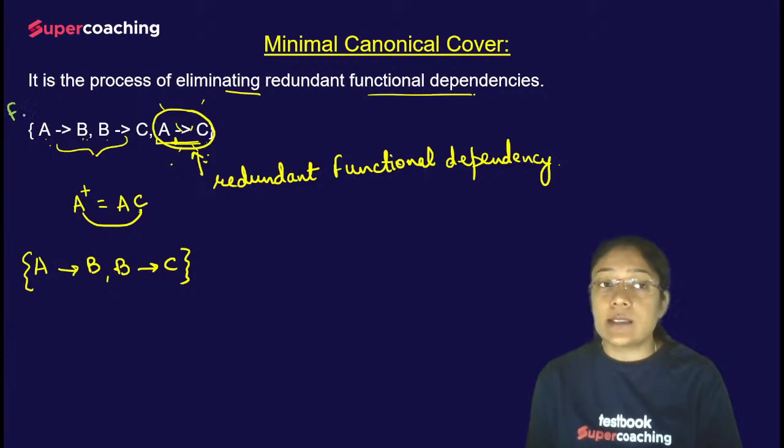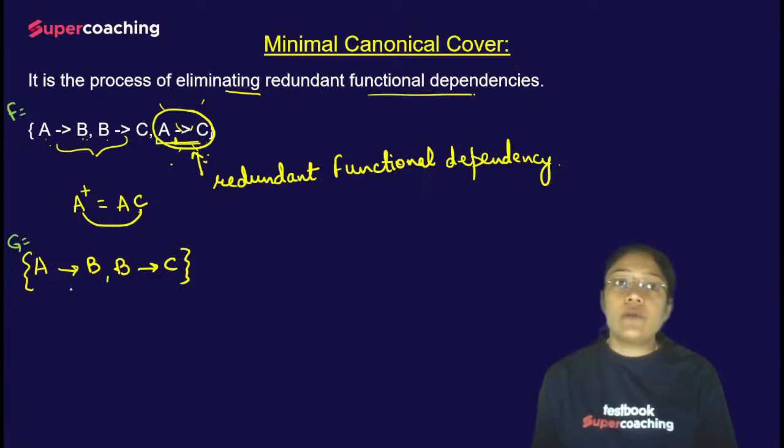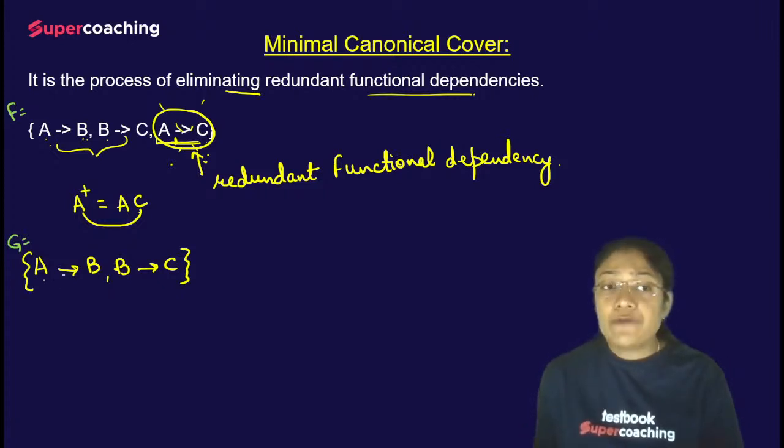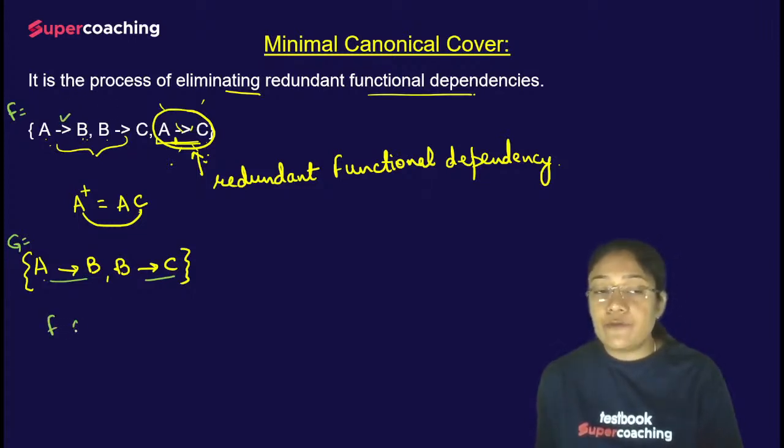Let us assume that this is the functional dependency set F, and this is the functional dependency set G. How can you verify it? See if F covers G and G covers F. F covers G: all the dependencies of G come directly from F, right? So this means that F covers G. This is true.